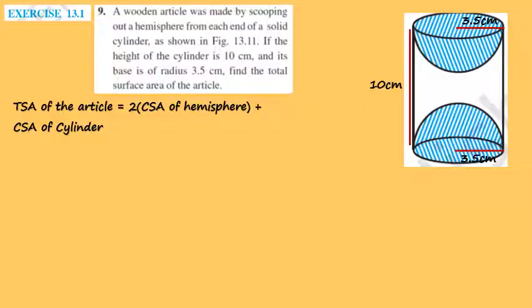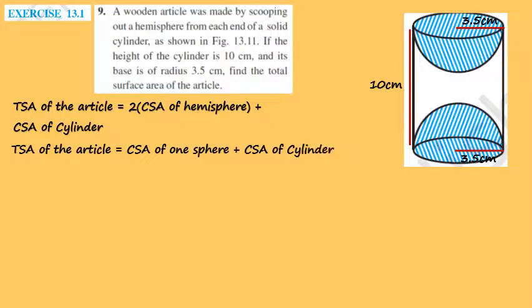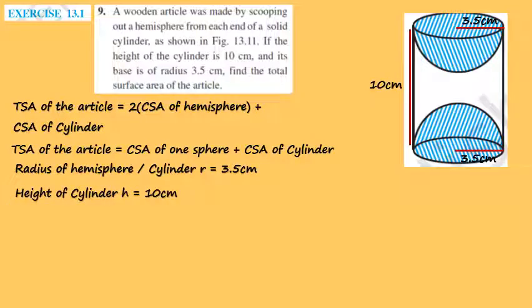So for the area, we have to find the area of the two hemispheres plus the area of the cylinder. Instead of adding two areas of hemispheres, we can find one sphere's area. So CSA of one sphere plus CSA of the cylinder, with radius r equal to 3.5 and height of the cylinder h equal to 10 centimeter. Let us apply the formula 4 pi r square plus 2 pi r h.